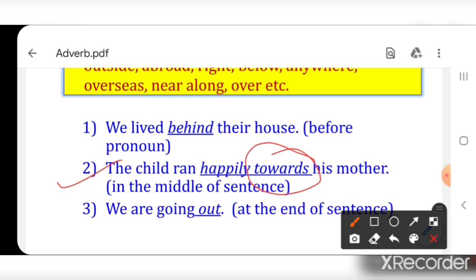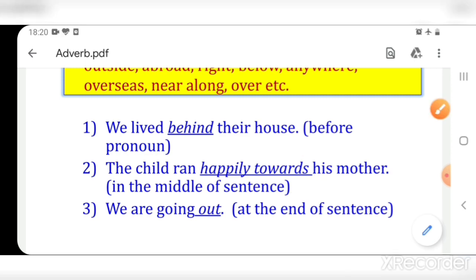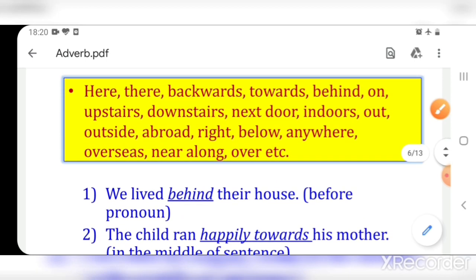And third example is: we are going out, so it is used at the end of the sentence. There are several rules regarding the position of adverbs, but for spoken English we are going to learn the most commonly used positions of adverbs.